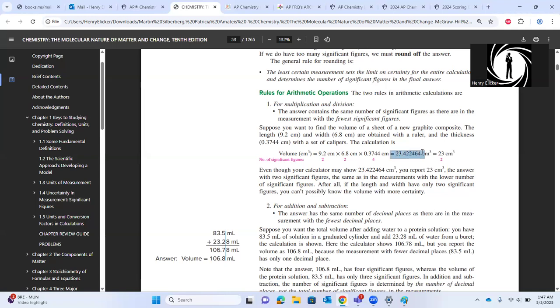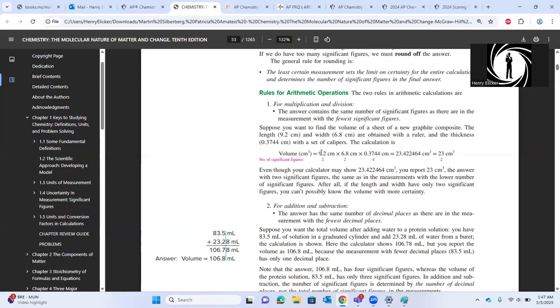Now notice your calculator is probably going to spew out a lot of decimals. Your calculator has nothing to do with actual significance in the real world. It's just a machine for calculating things. So this would not be a correct answer in real life, because look, your significance is bigger than any significance you previously had.